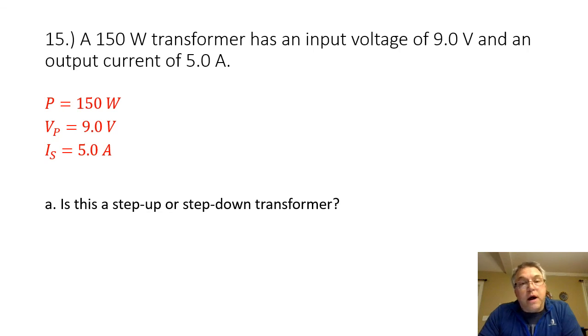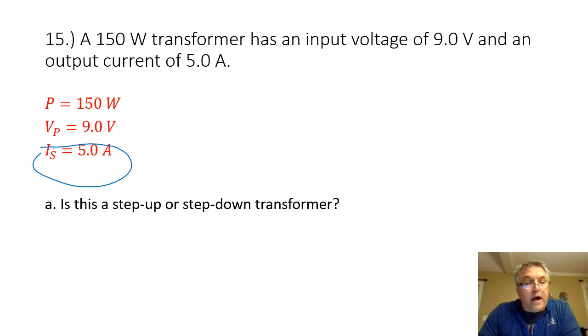Because I know that the power is the same going into and coming out of the transformer, I know that the power going into my primary coil is 150 watts. The power coming out of my secondary coil is 150 watts as well. So because I know the output power and I know my output current, I can calculate my output voltage, or the voltage coming out of the secondary coil.